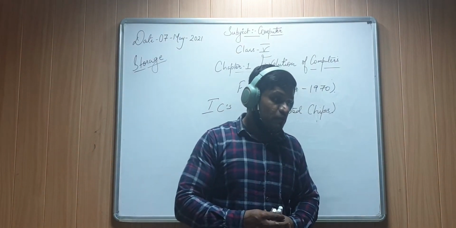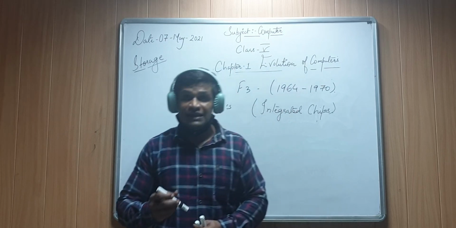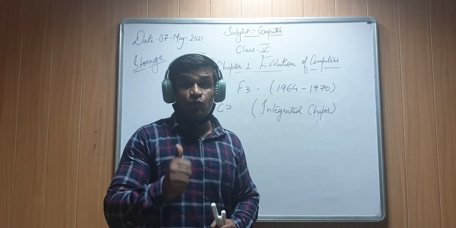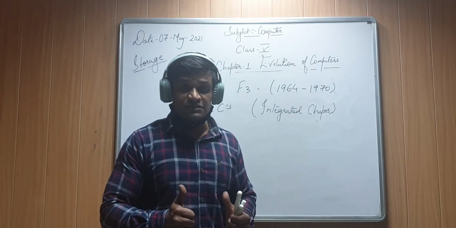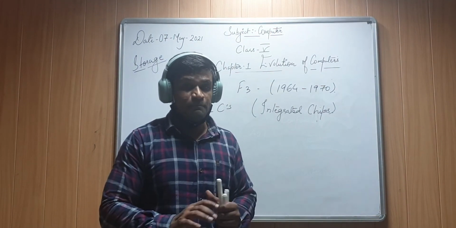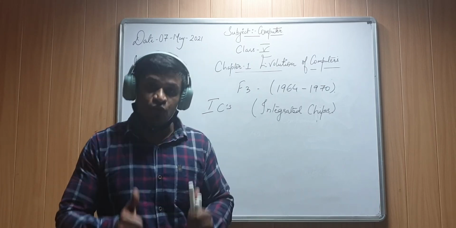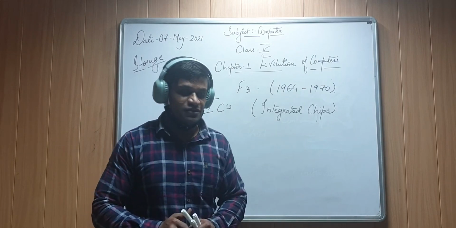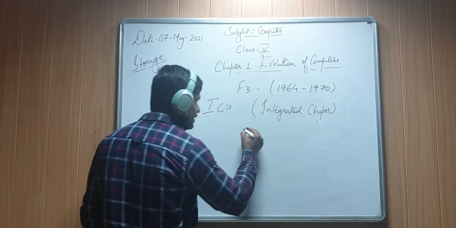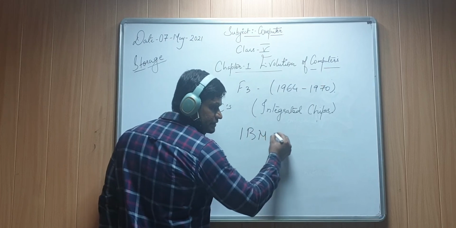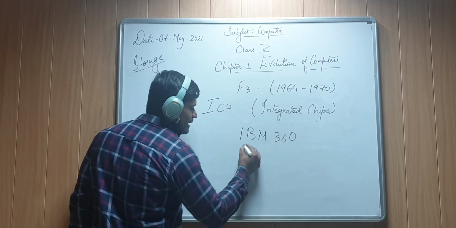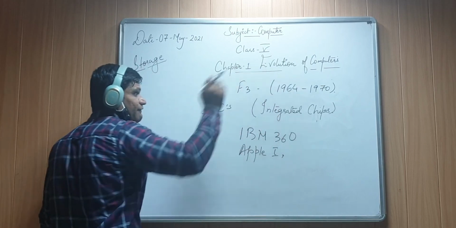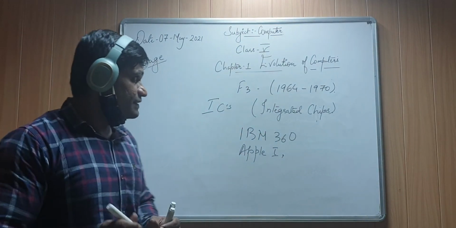They were costlier but more reliable, and they consume less electricity. Third generation computers were smaller in size, more reliable, more trusted. The answers or the working were trusted. Okay, mistakes नहीं होता था उसमें. So they were more trusted, a little bit costlier than second generation computers, and the examples are IBM 360, Apple I. These are the computers which were developed between 1964 to 1970.